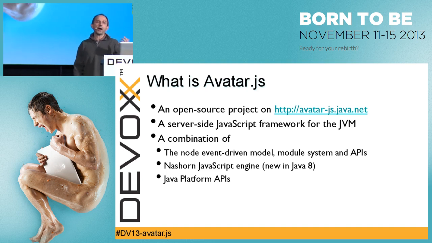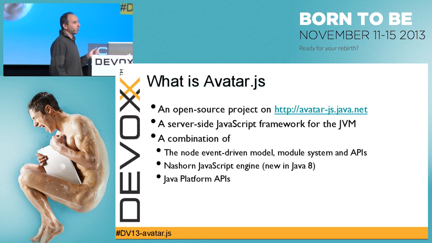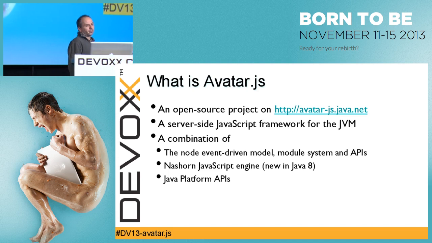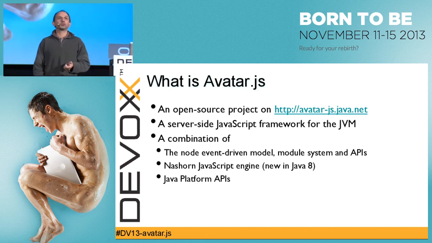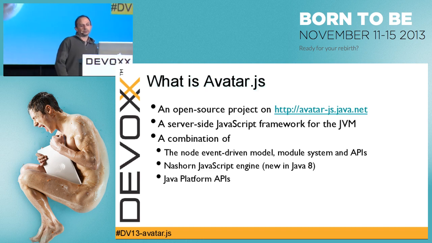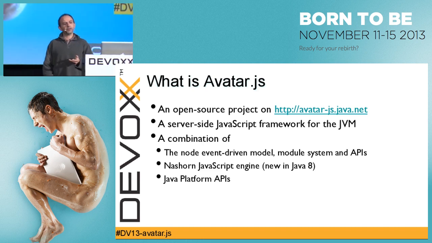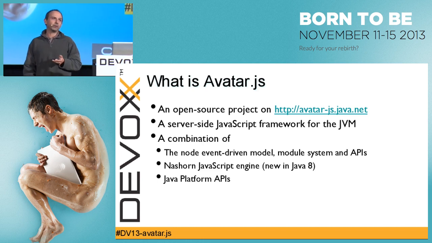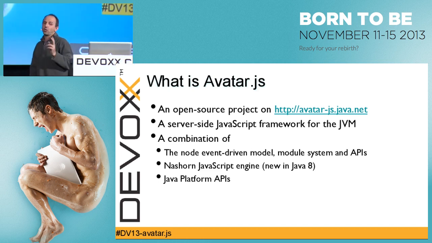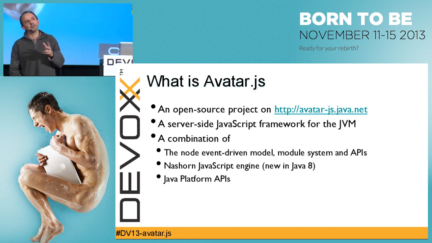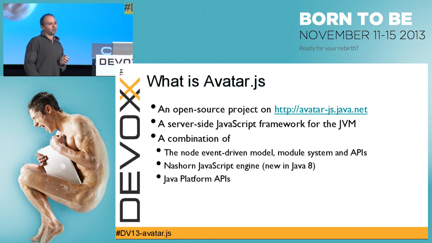And we are combining the Node programming model, the Node APIs and modular system, the new Nashorn JavaScript engine that comes with Java 8, the replacement of Rhino, and obviously the Java Platform APIs. So to summarize, you can see Avatar.js as a way to write Node applications that take benefit of the Java platform.